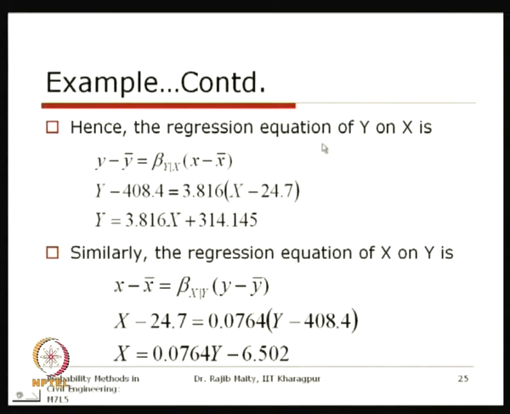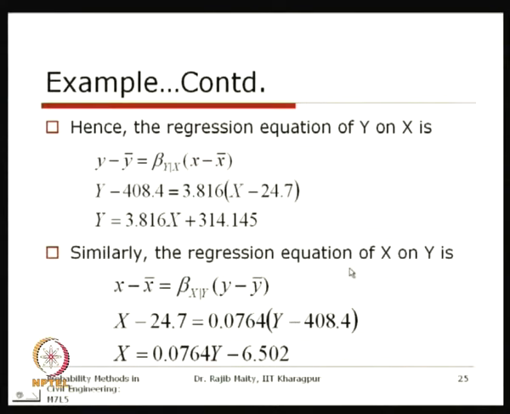So, the regression equation for y on x will be y minus y bar equals beta y on x multiplied by x minus x bar, where we have estimated beta as 3.816. After rearranging this we get the equation y equals 3.816 x plus 314.145. So, this is the regression equation for y on x.